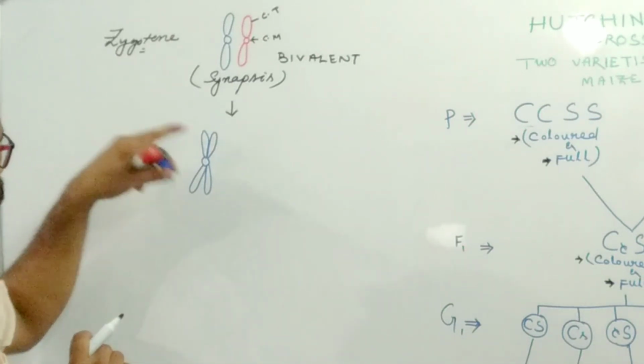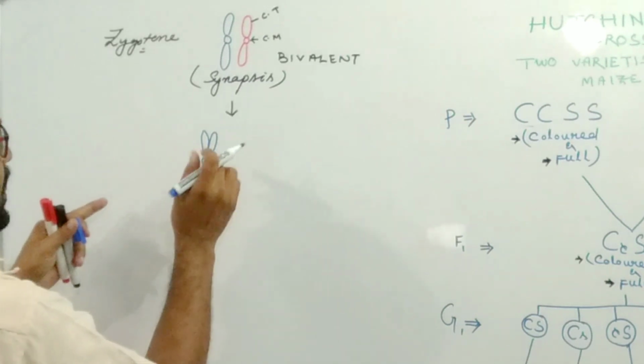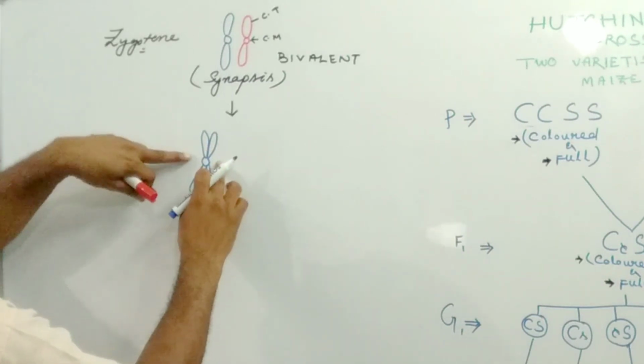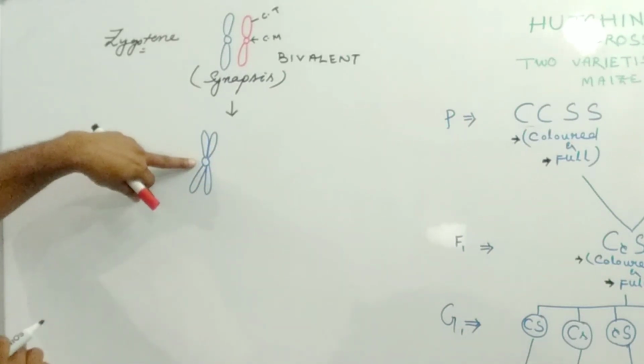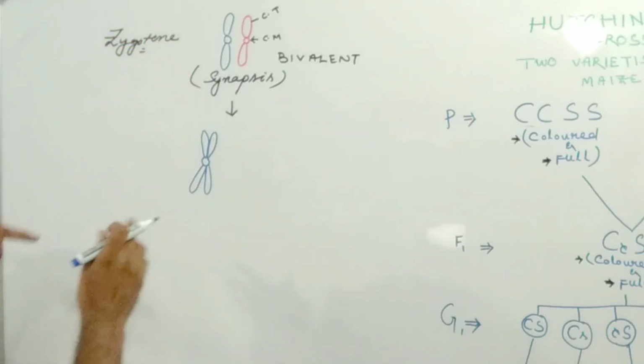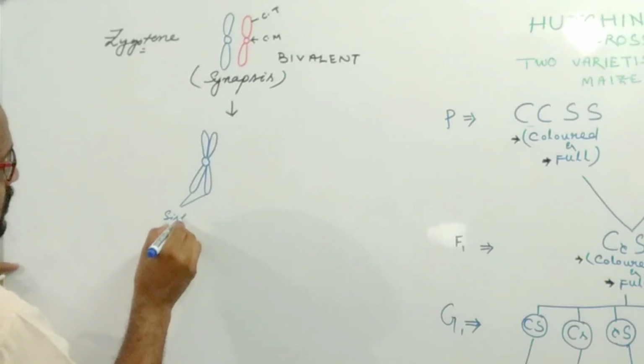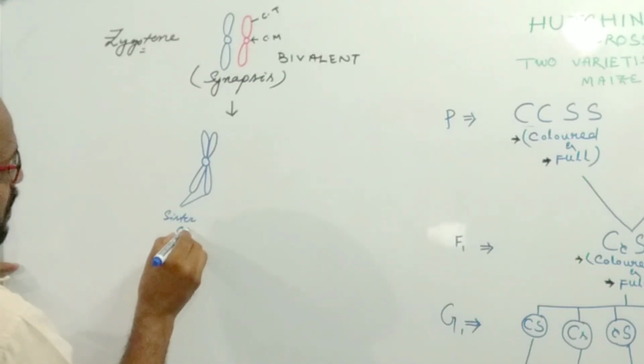Now four chromatids are attached to the undivided centromere. The centromere is undivided, but the chromatids longitudinally divide and form two sister chromatids.